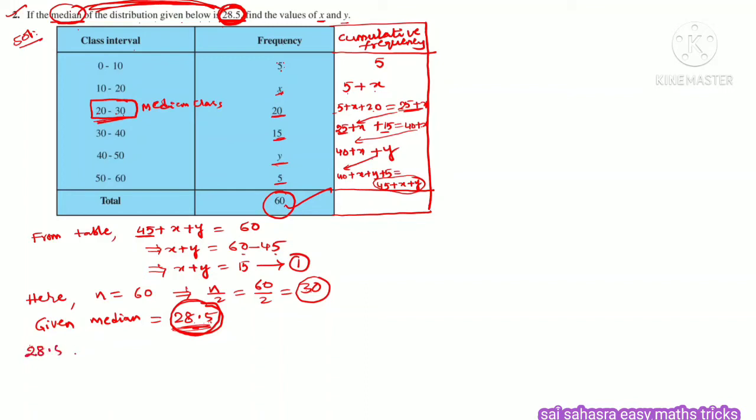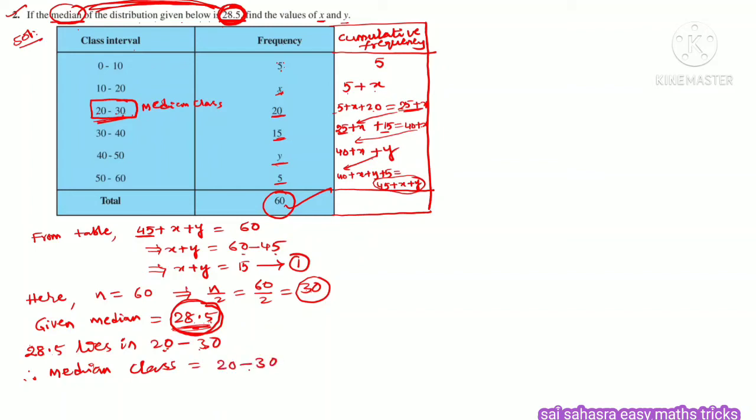This 28.5 lies in which class? 20 to 30. In between 20 and 30, 28.5 will come. That is why this 28.5 lies in 20 to 30 class. Therefore, median class will be what? Median class is equals to 20 to 30.